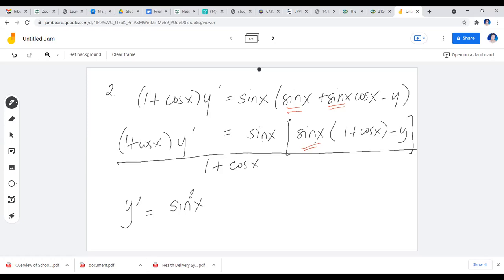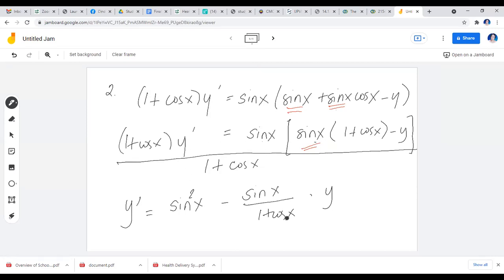Whereas in here, I will have a minus. If the sine of x is distributed to the y, I will have minus sine of x over 1 plus the cosine of x times y. I hope you follow. You need to distribute this as a divisor to the expanded form of what is written here on the right side of your equation. And this is that particular simplified form of the expanded form of the right side divided by 1 plus the cosine of x.